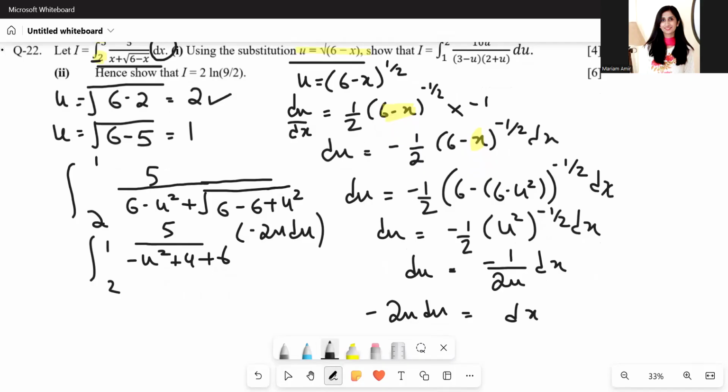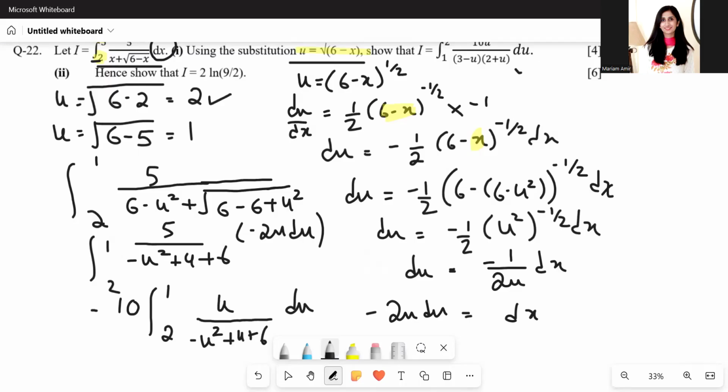Okay, let's continue. So now we get 1 to 2. There's a negative sign outside, and we can also bring 10 outside. So we get negative 10. And we have a u here, and we have a du here, and we have a negative u squared plus u plus 6.